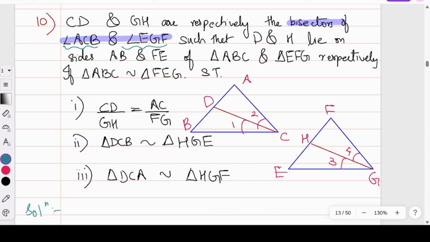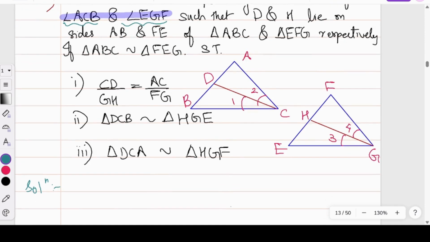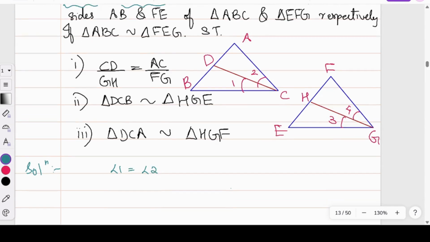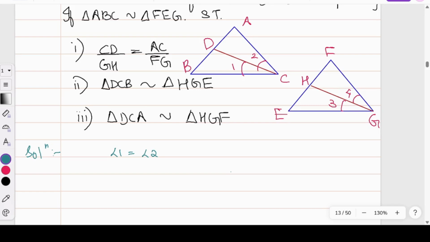So the bisector DC divides angle ACB into two equal parts. That means angle 1 equals angle 2. Clear? Since GH is the angle bisector of angle FGE, it bisects angle G. Therefore, angle 3 equals angle 4. Why angle 1 equals angle 2? Because CD is the angle bisector.